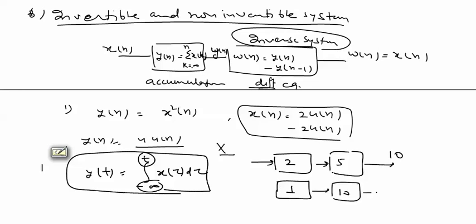So a multiplier is not an invertible system because different inputs can produce 10. If there is only one unique way to produce 10, it is an invertible system. Integration is a unique quantity, the area covered by it is unique. That's why it is an invertible system. By differentiation we can get the original value.